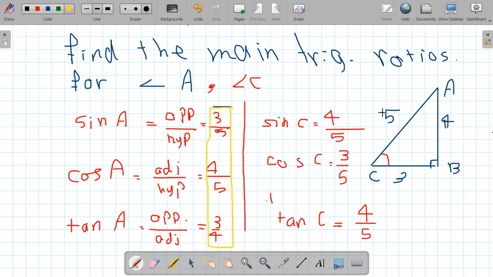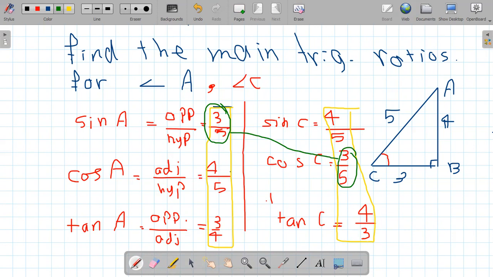If you see the trigonometrical ratios for the angle A and for the angle C, what do you note? Sine A equals cosine C. Is it right or not? Right.